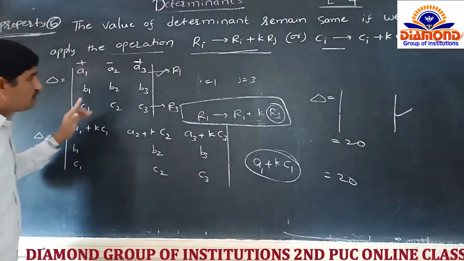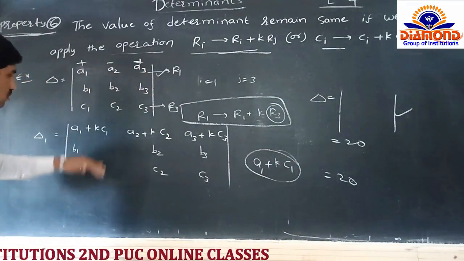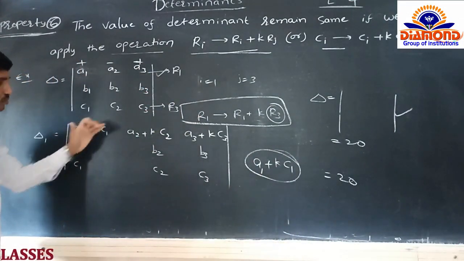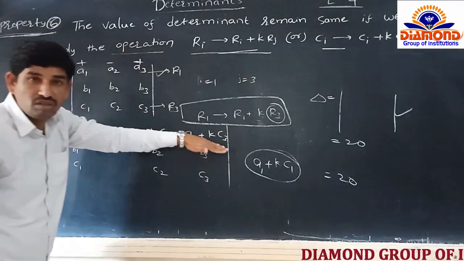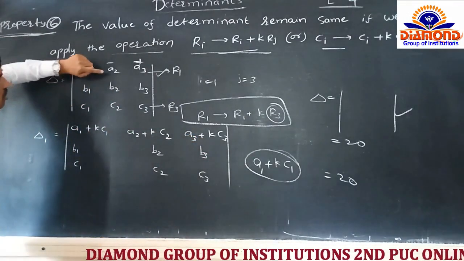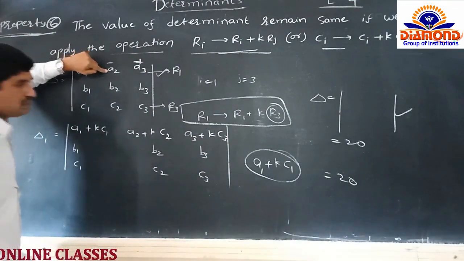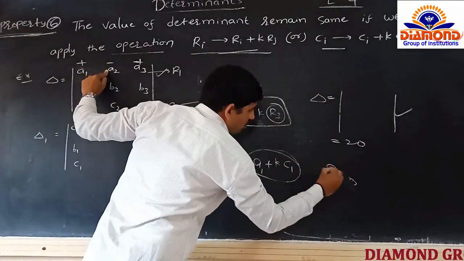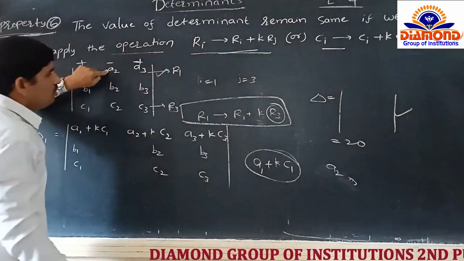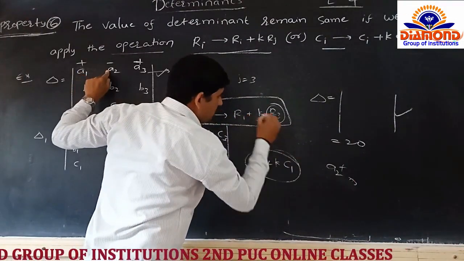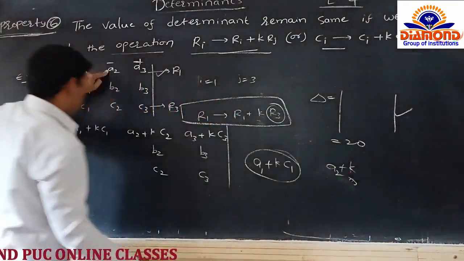Like that we have to write all the elements, not only the first element, we have to continue with the second, and the third also. Next see here, this is A2, which is present in R1, so we write A2 plus K into R3.